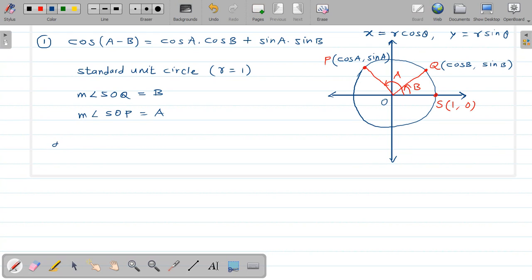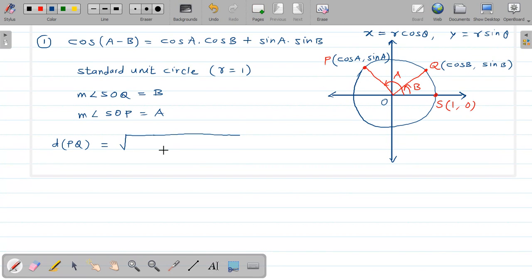out the distance PQ. This is the coordinate axis system. So try to find out the distance PQ by using the distance formula. Now all of you know that the distance formula means under root, difference between x coordinates bracket square plus difference between y coordinates bracket square.